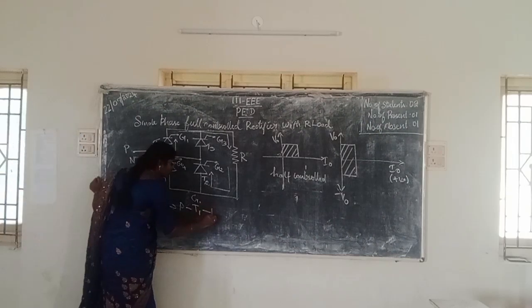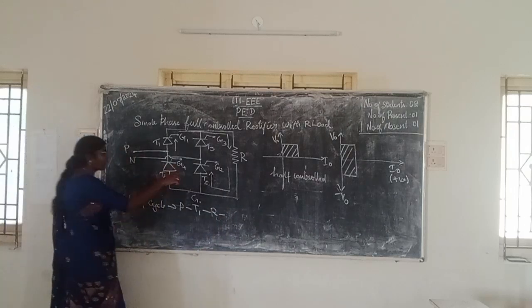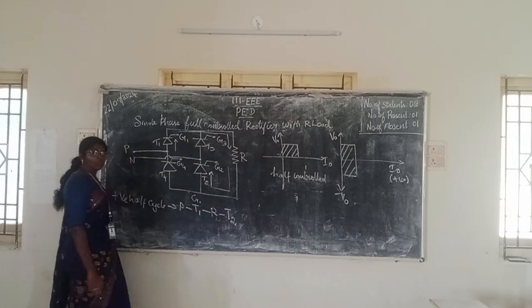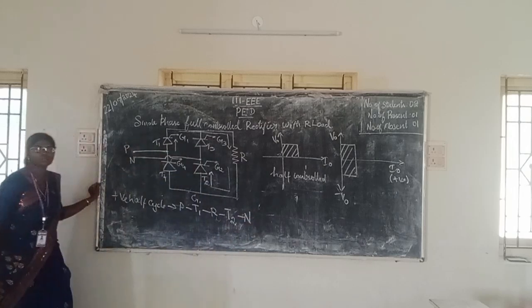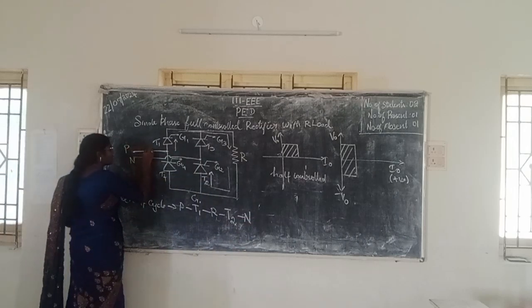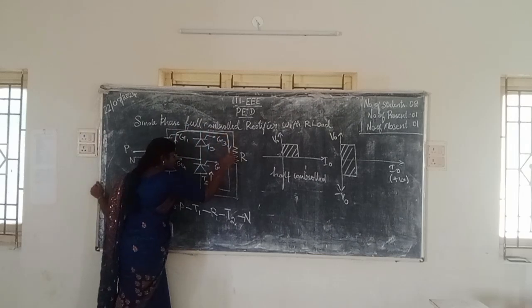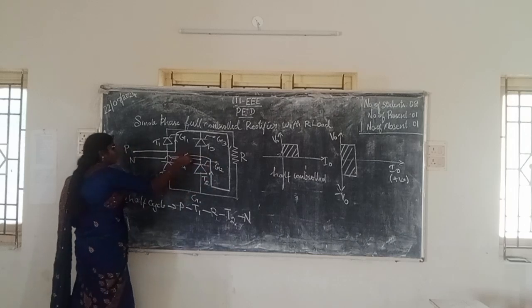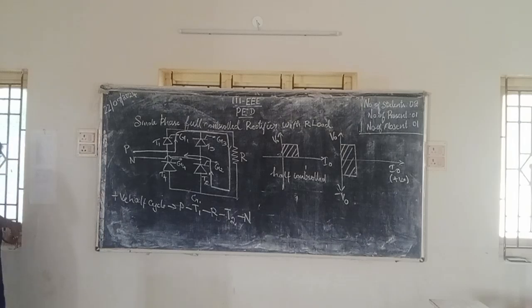Once it is on, the current is going to flow towards the resistive load R, and from there through thyristor 2, and from there to neutral. If you look at this, from phase 2 to T1, to resistance R, from R to T2, from T2 to neutral. Are you clear with it? So the next mode of operation is during the negative half cycle.